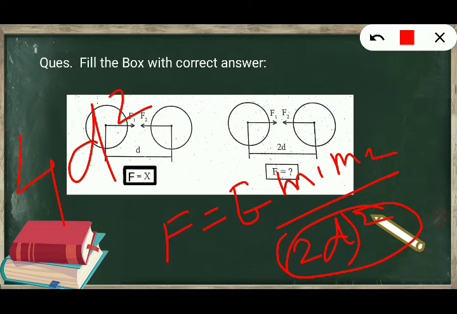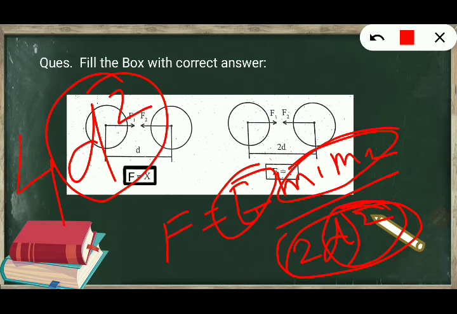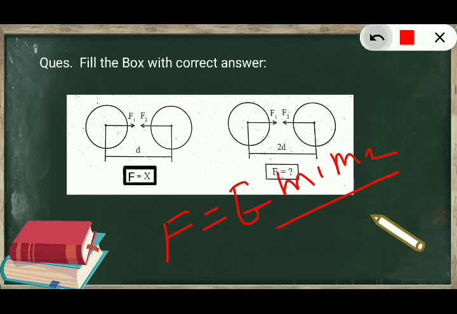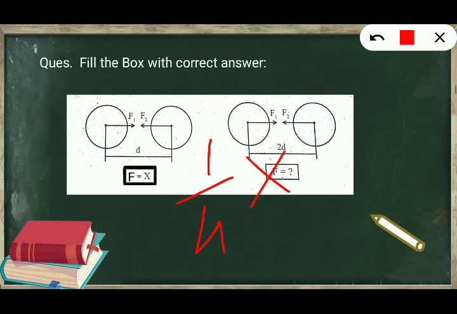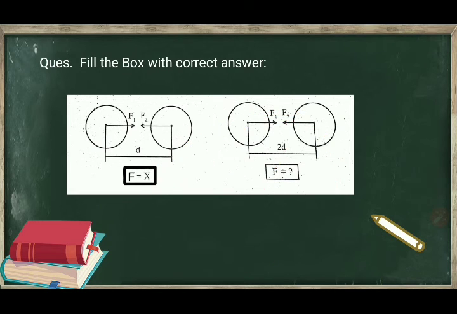Everything will be the same: G same, m1 m2 same, d square also same, only 4 is there and it is in the divide section. Means if F is equal to x, then when d becomes 2d, the answer will be 1/4 of x.